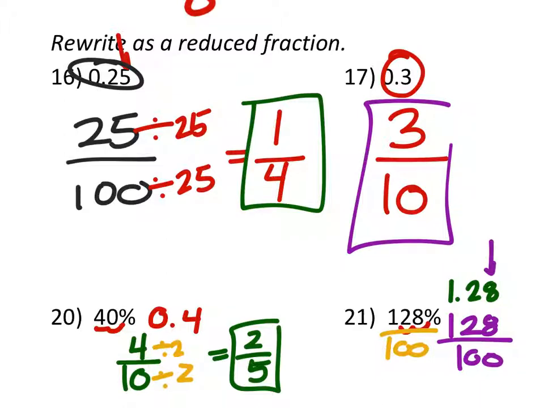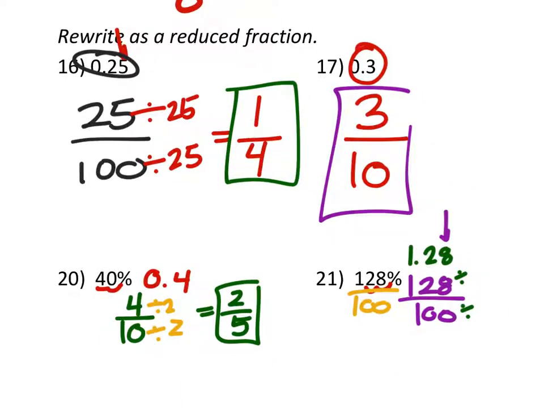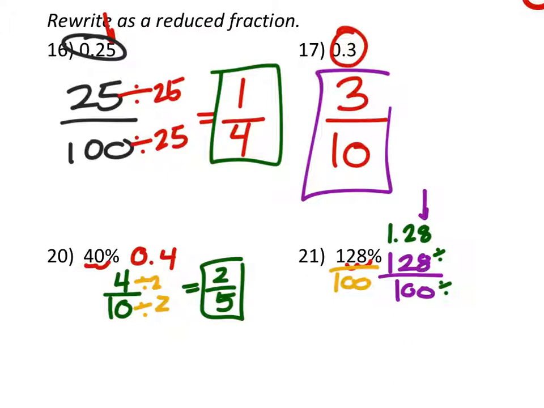All we need to do for that is simplify, and it looks like these two are divisible by, I see 4 at least. Let's try 4 and see how far that takes us. If I divide these by 4, I got 32 out of 25. Yeah, that looks like that's as far as we can take that one.